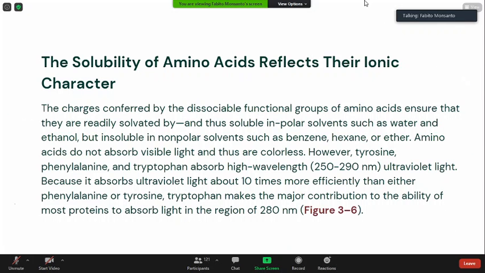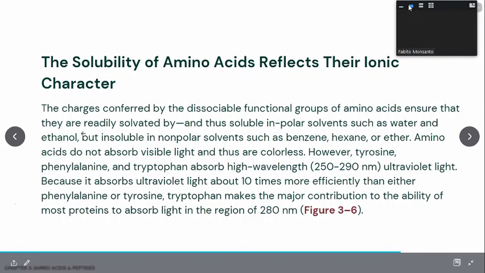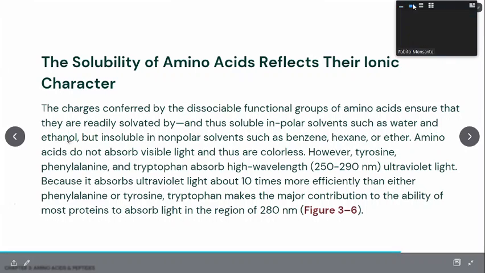The polar solvents such as water and ethanol are what we call hydrophilic.